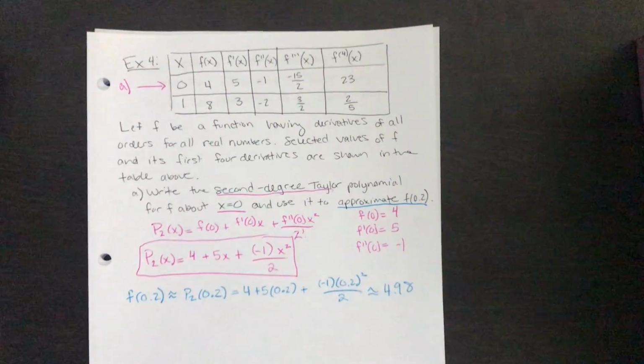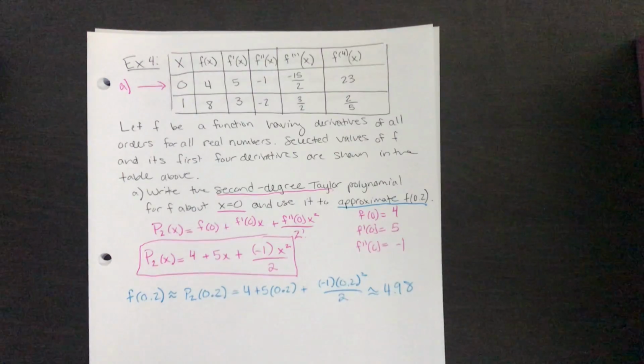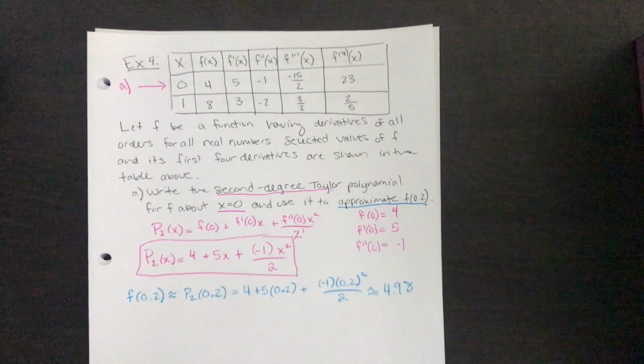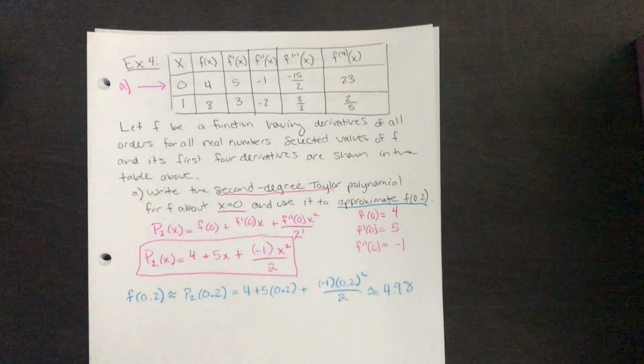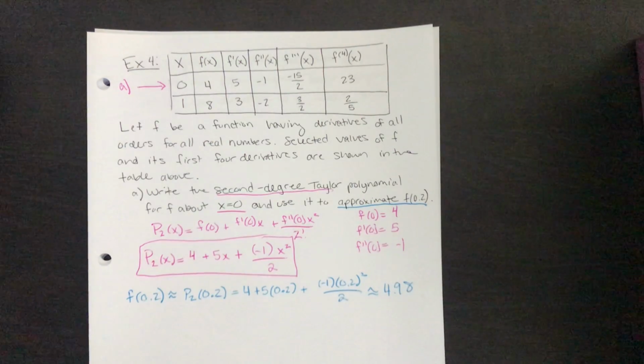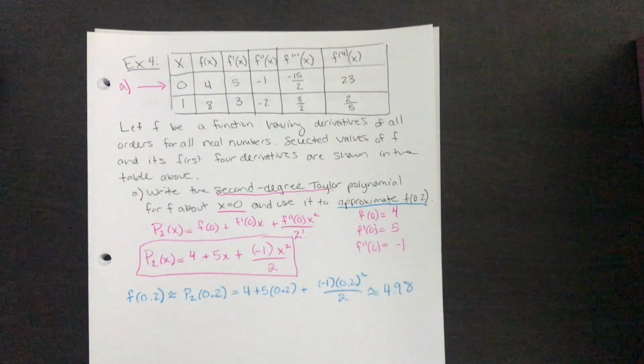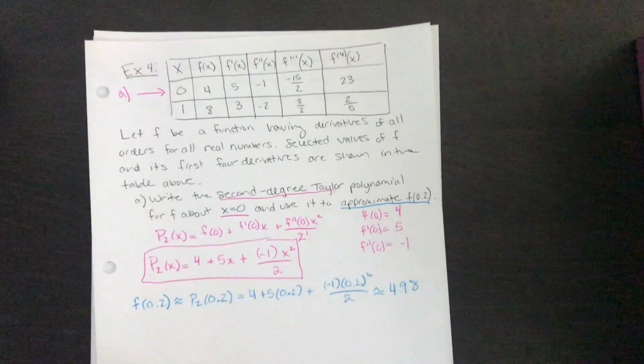It's approximately 4.98. You can type it into a calculator. You can leave it. Either one works. If they're asking you to interpret the number, then it might make more sense for you to actually calculate it rather than just leave it in this format here.